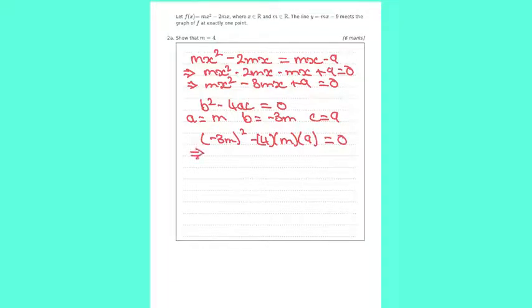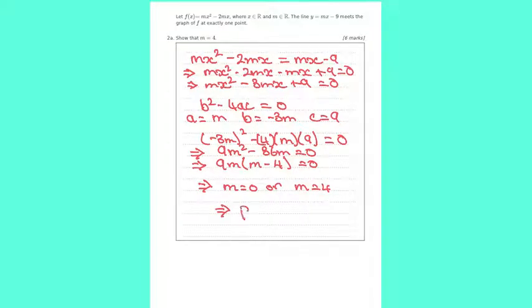Therefore, 9m squared minus 36m is equal to 0. Factorize, therefore you get 9m(m minus 4) is equal to 0. Therefore, m equals 0 or m equals 4. Therefore, proven m equals 4.